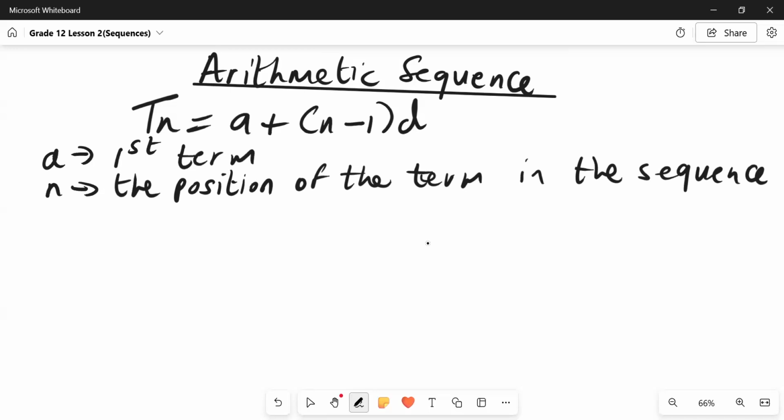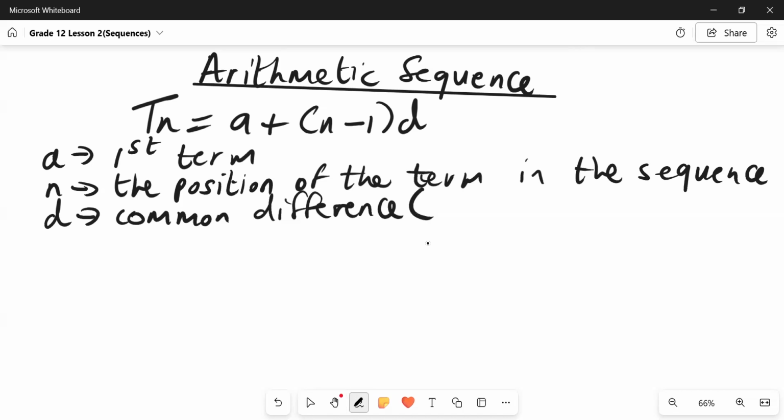And then your d is the common difference. The common difference can be calculated as T2 minus T1 equals T3 minus T2, right?